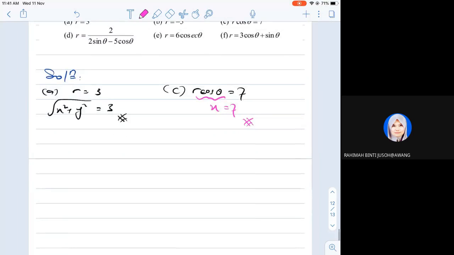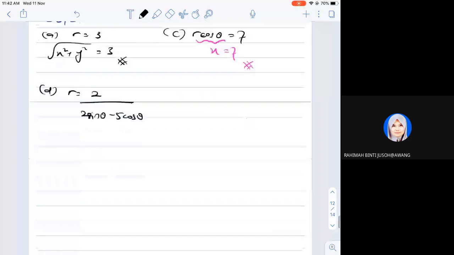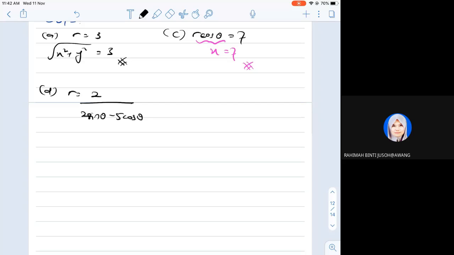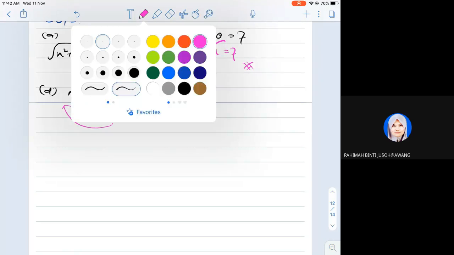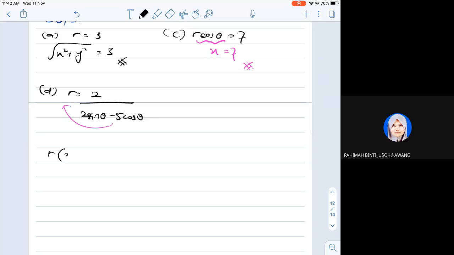Simple je. Yang ni, D ni. Question D. R equals to 2 over 2 sin theta minus 5 cos theta. So what you should do is you have to multiply. You cross naik atas. Okay, so we have R multiplied by 2 sin theta minus 5 cos theta equals to 2.